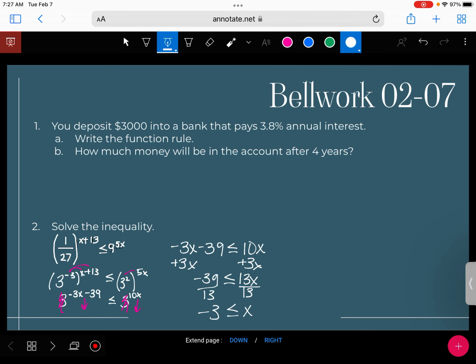But this one doesn't really say, but I'm pretty sure this problem was supposed to say something like with periods of an annual for a full year, okay? Sometimes you'll get questions like this where you're just gonna have to assume. Which is what it says in the annual interest.